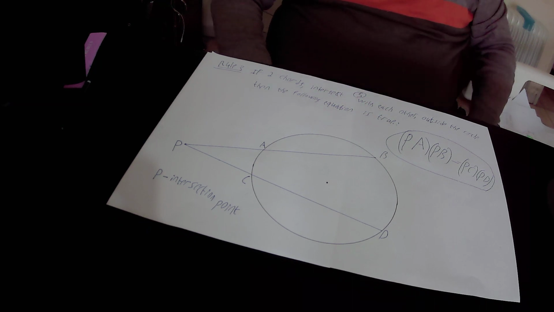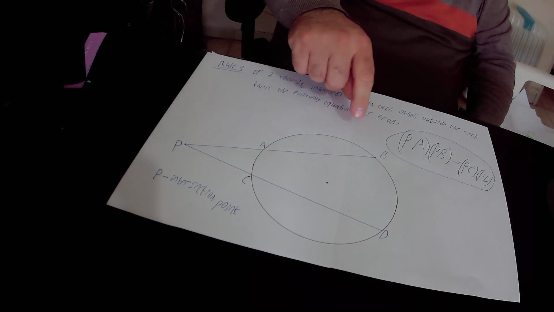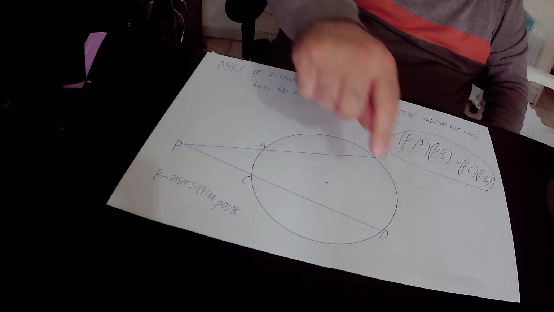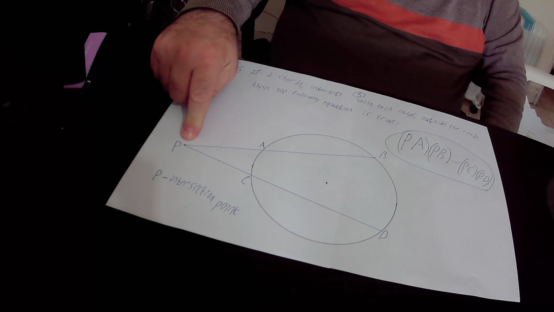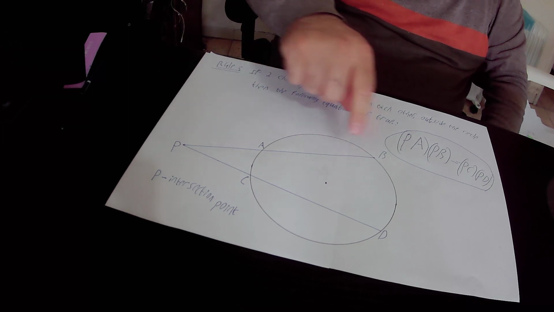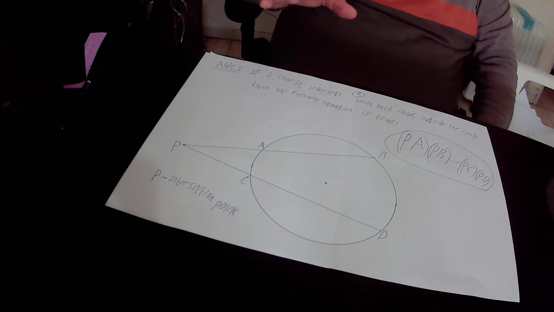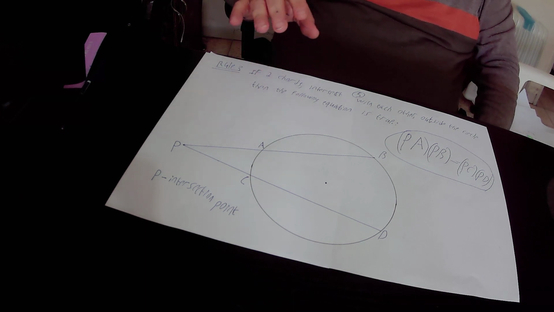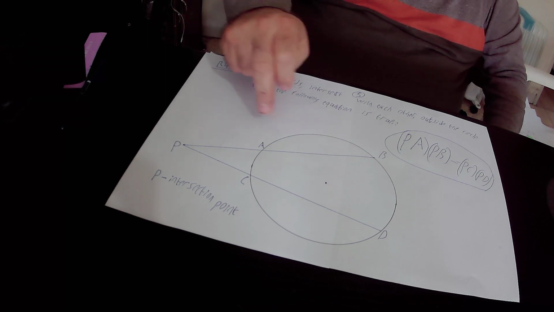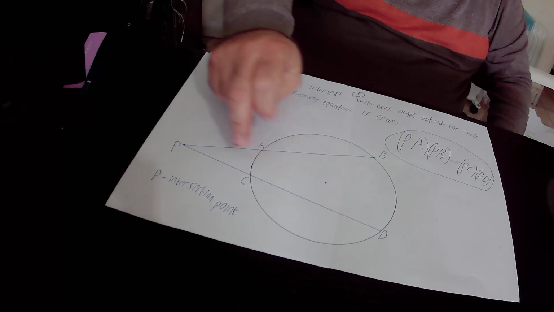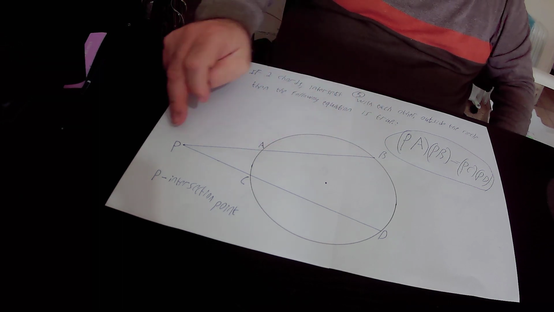So here we have chord AB that intersects with chord CD outside the circle at point P. Point P is the intersection point between chord AB and chord CD. So according to rule number 3, we get that PA times PB equals PC times PD.